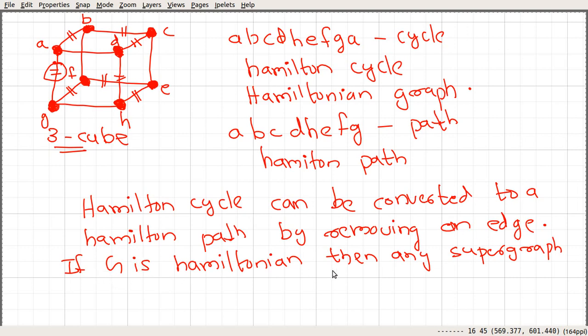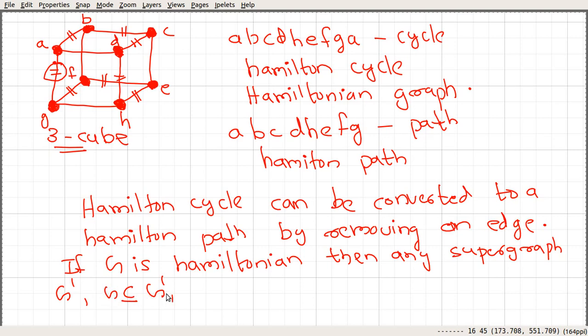So if G is Hamiltonian, then any supergraph G dash, and our original graph will be a subgraph of this supergraph G dash, and we get this G dash by adding edges into our original graph.